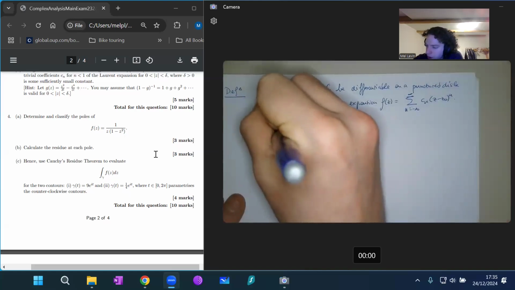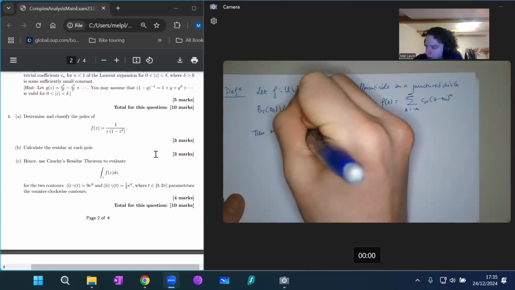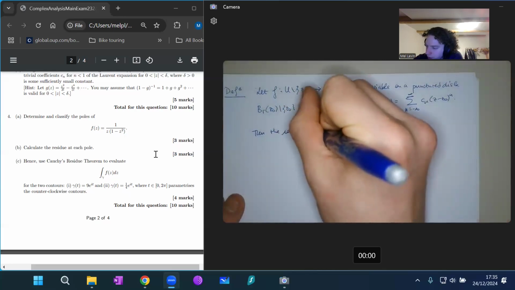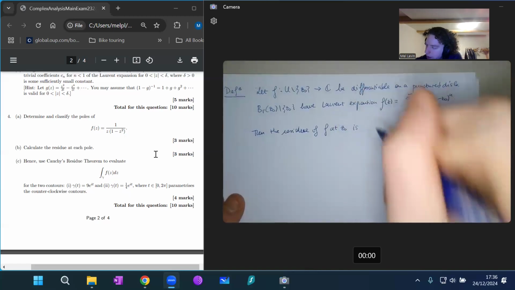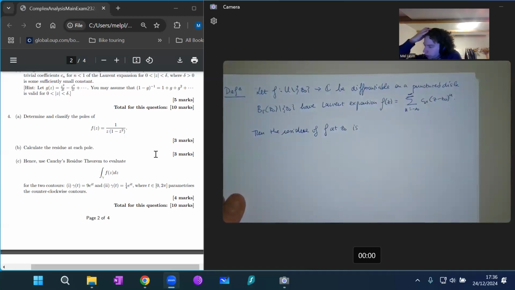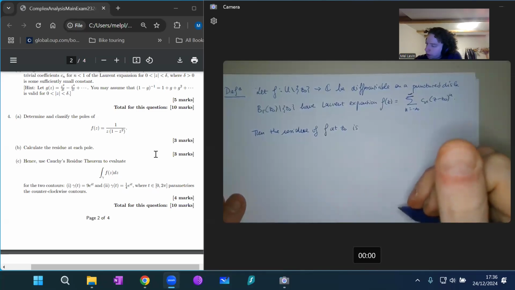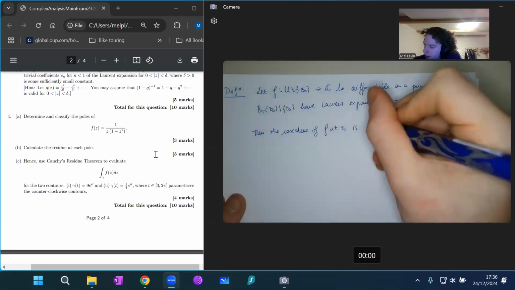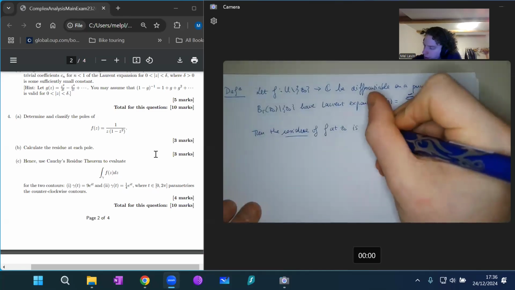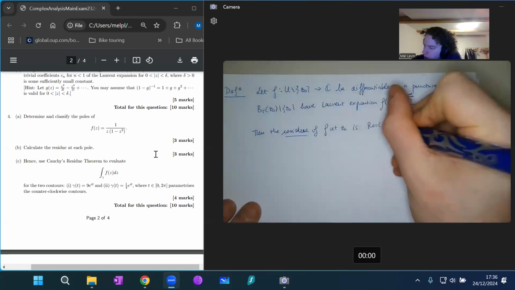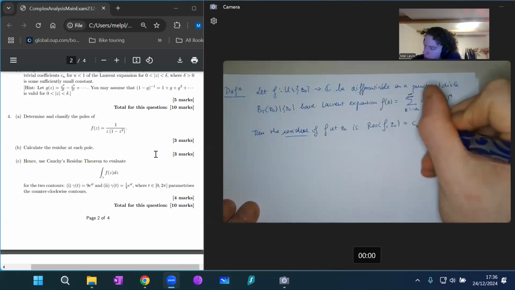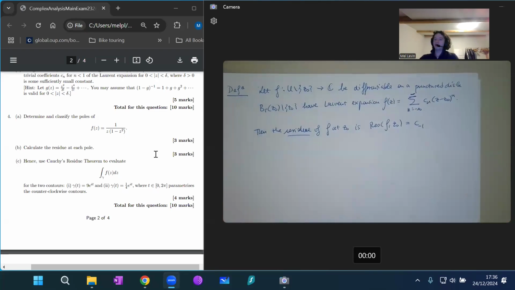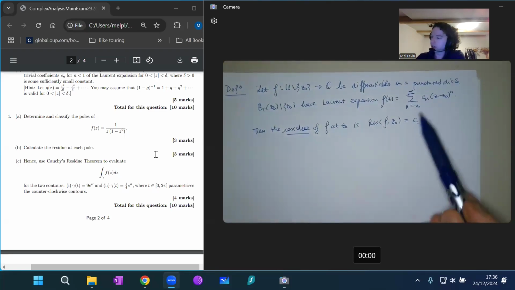Then the residue of f at z naught, we denote it res f at z naught, is simply equal to the -1 coefficient in the expansion.